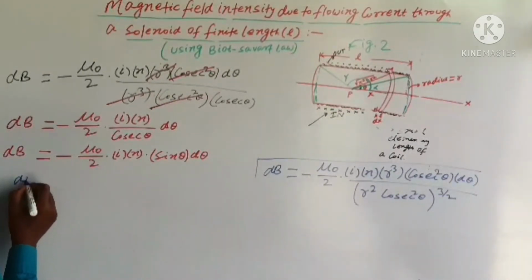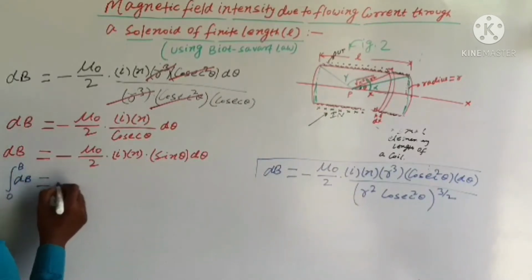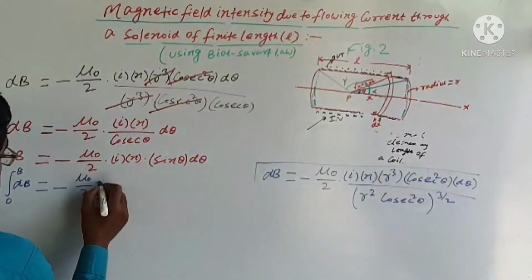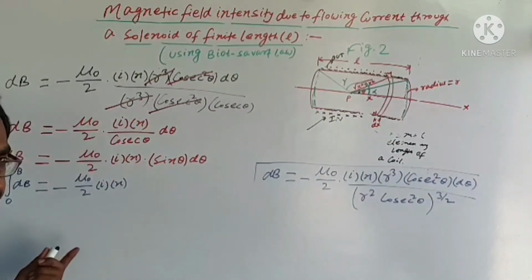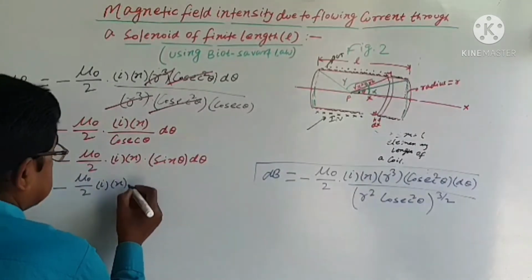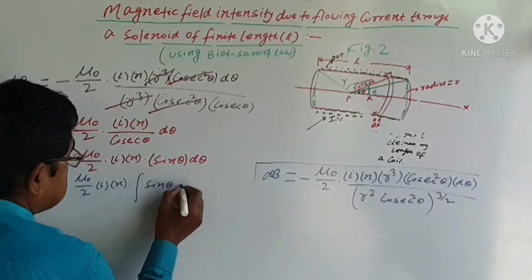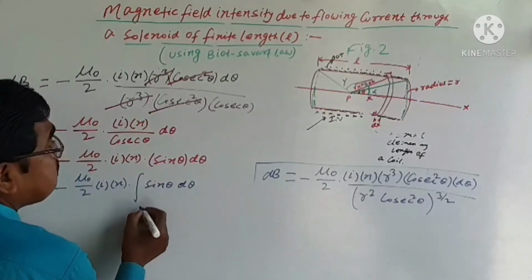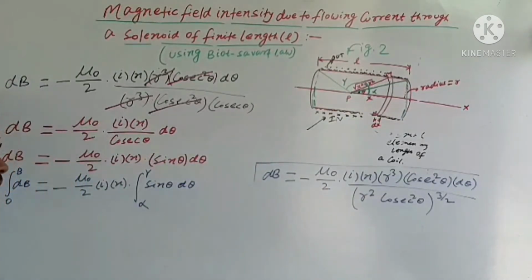Now, we have to integrate it. This is the integration of dB, lower limit 0, upper limit B, and this is minus mu naught upon 2 I n, because this term is considered as constant. So, we take it out of the integration, and now we take the integration of sine of theta d theta, and the limits are alpha to gamma. Okay.